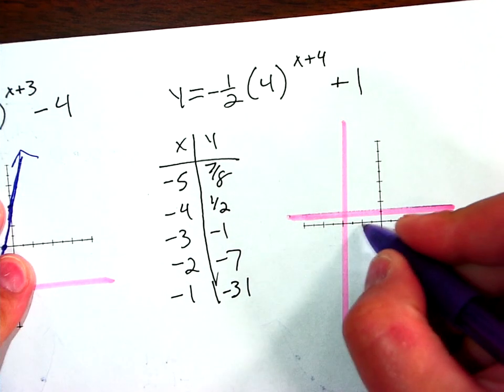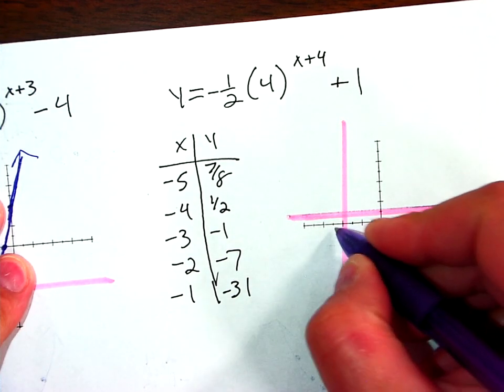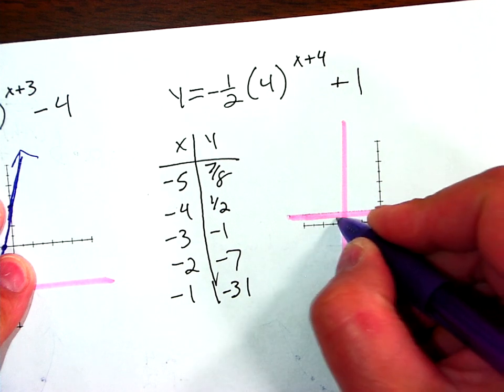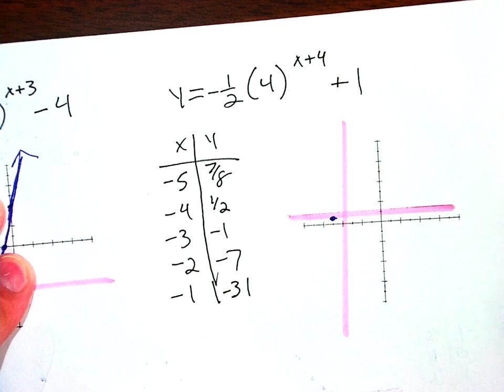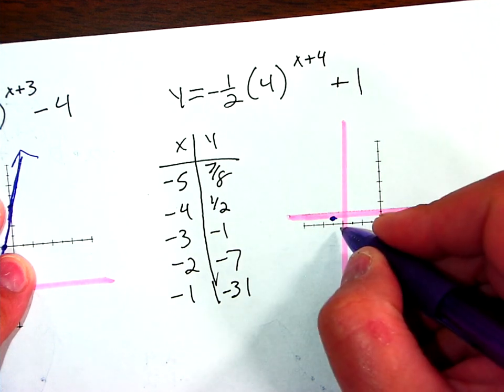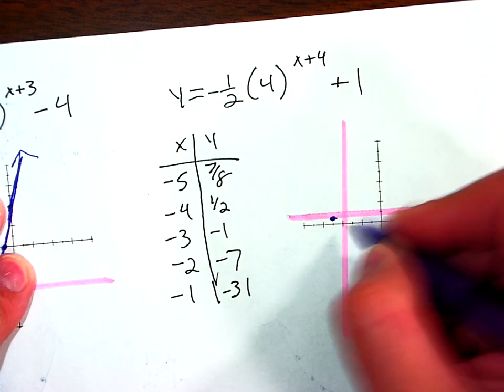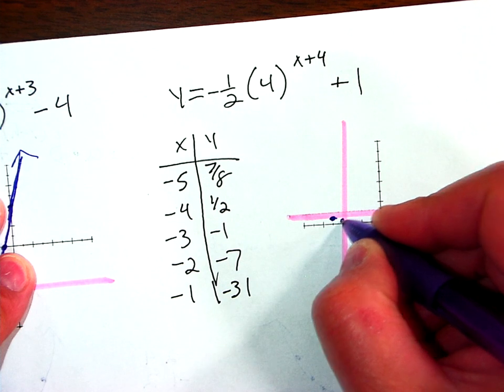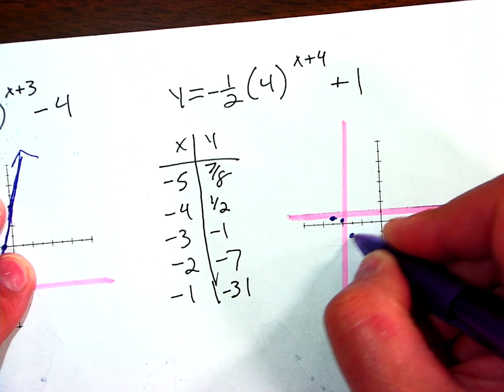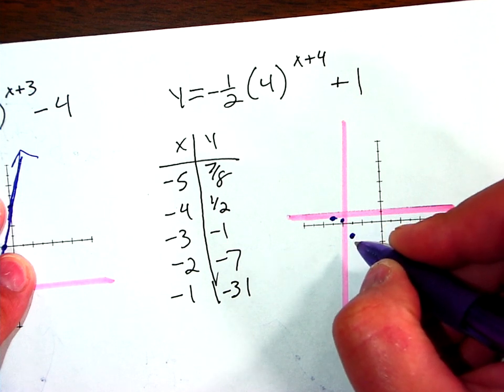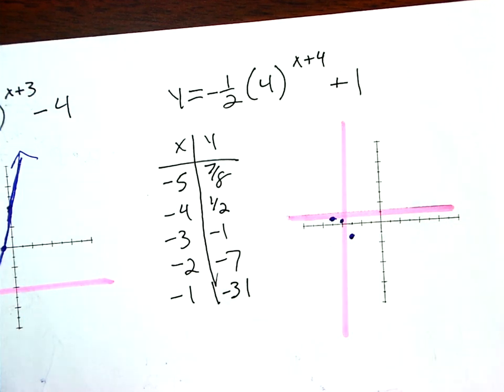Back 5, 1, 2, 3, 4, 5, and 7/8 is going to be just short of 1. So it's just shy of 1. Back 4, up a half. Back 3, down 1. It's just short of 1. Okay, so it's like 87.5% on the way to 1.